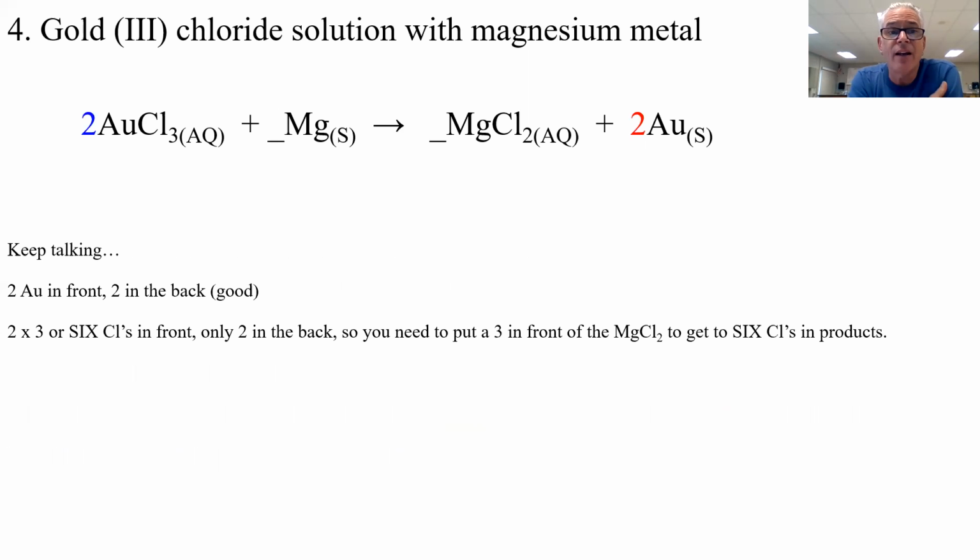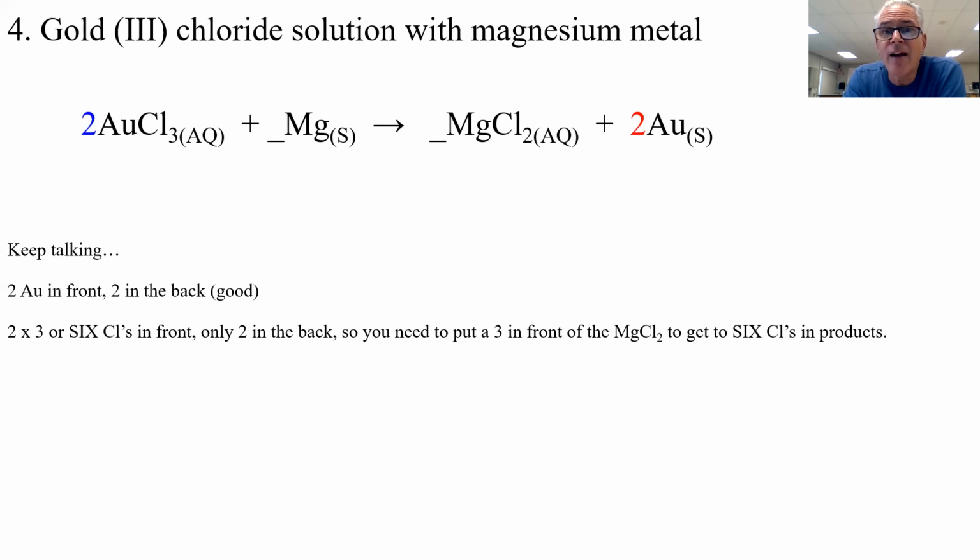So see in red on the right, I have 2 golds. And we start over again. There's 2 golds in the front and 2 golds in the back. Good. Now pay attention. There's 2 times 3, or 6 chlorines in the front. I only have 2 chlorines in the back. 6 in the front, 2 in the back. How am I going to get 6 chlorines in the back?